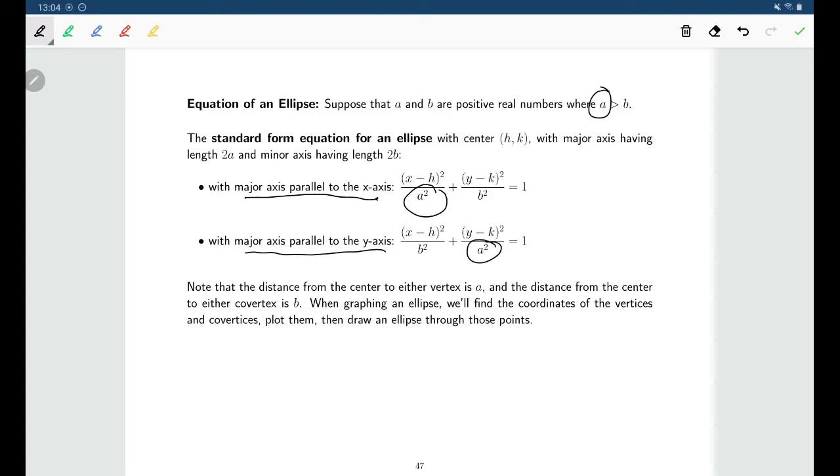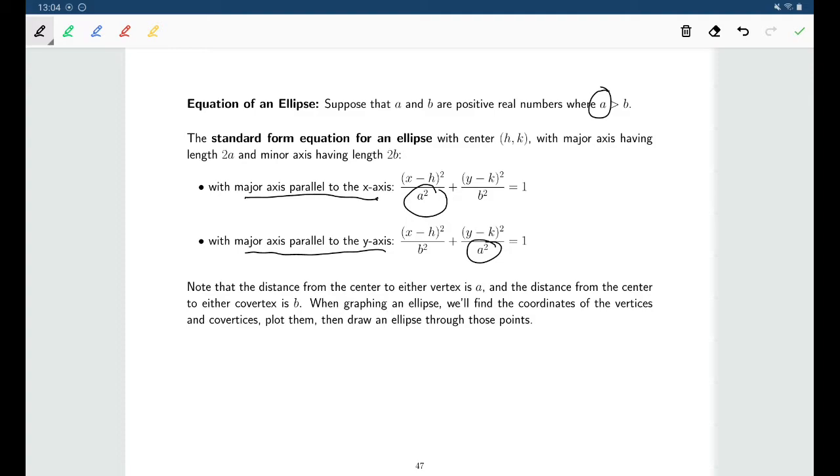So by comparing the denominators for these two fractions, whichever denominator is larger, that would be the direction of the major axis. So if the larger value is under the x's, then the major axis is parallel to the x-axis. And if it's underneath the y's, then the major axis is parallel to the y-axis.